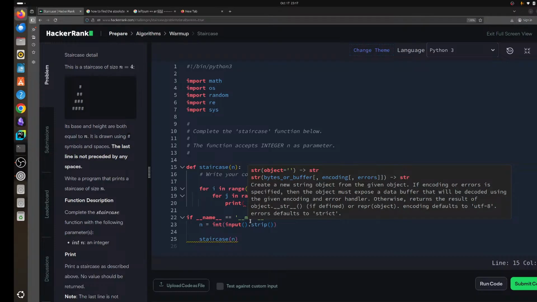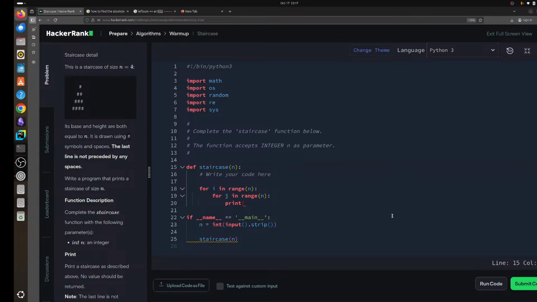Let's see what we can do. Let's read the question. Its base and height are both equal to n. It is drawn using hash symbols and spaces. The last line is not preceded by any spaces. Write a program that prints the staircase of size n.